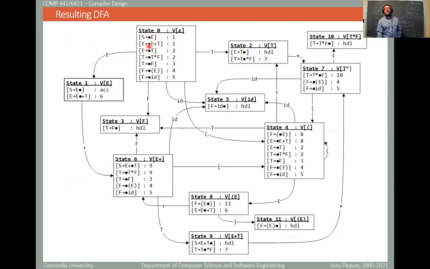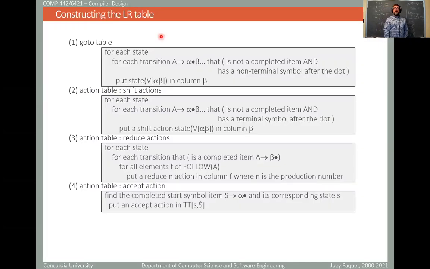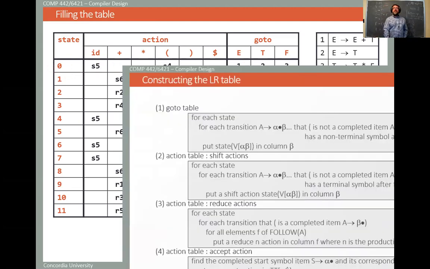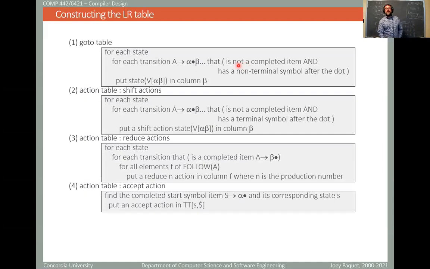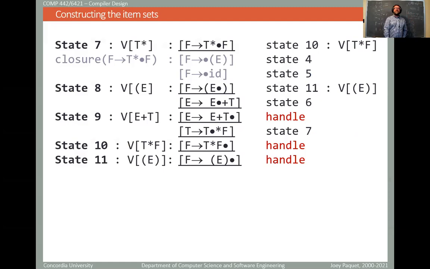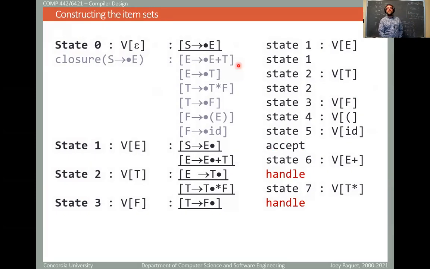What is V of E? It's state 1. So essentially, you're in state 0, go-to table, state 0, E, state number 1. Then you go to all the other states. Let's go in the list here, that's going to be less confusing.